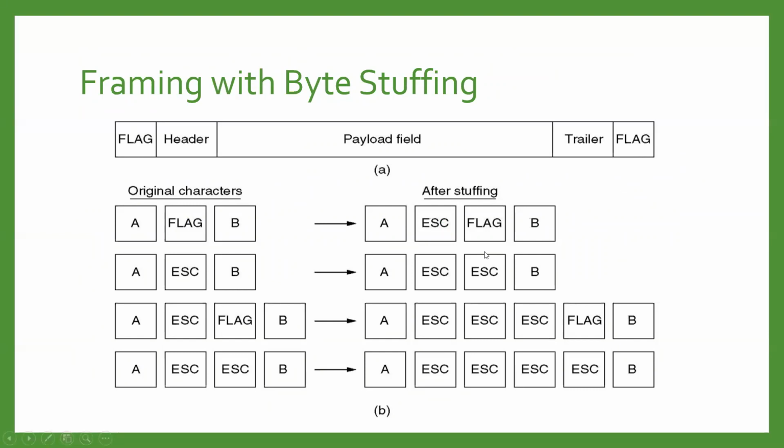A serious problem may occur with this method when binary data such as object programs or floating point numbers are being transmitted. It may be possible that the flag byte pattern occurs in the data. If you see this example, what if the flag byte comes in the original data itself?